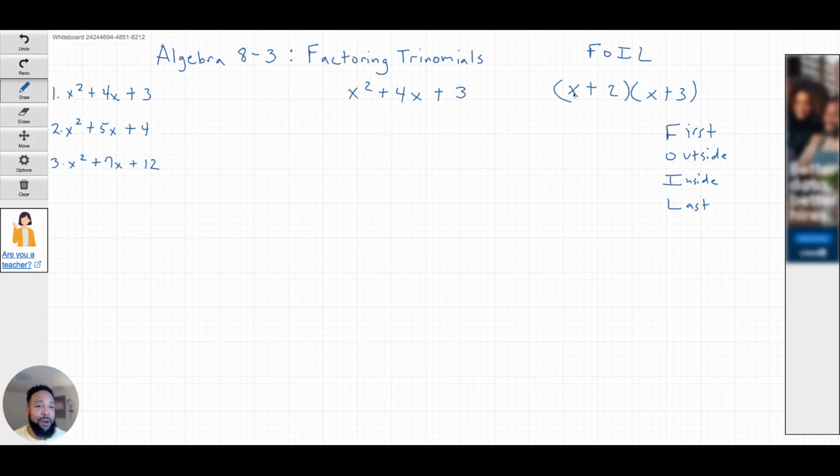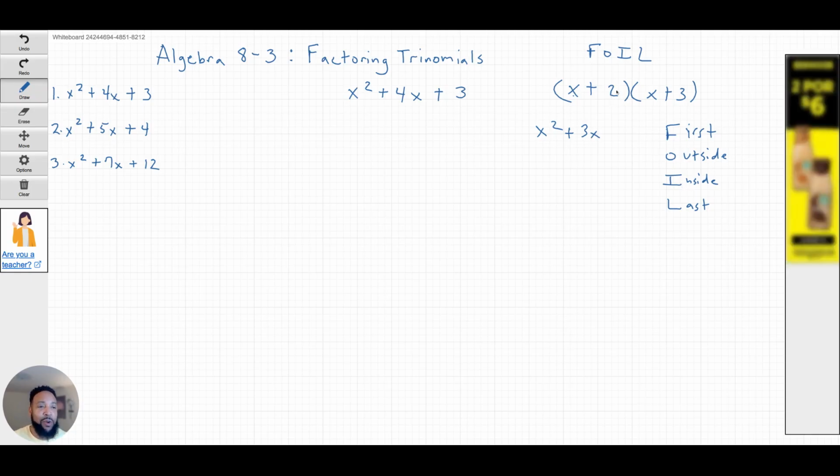So the first terms you see in each parentheses are x's. So x times x is x squared. The next thing we're looking for is the outside. If you were to look at this in a linear fashion, the outside here would be an x and a 3. That's what's located on the outside. So x times 3 is 3x. Then our next part of the FOIL method is the inside. So what's on the inside? You see a 2 and an x.